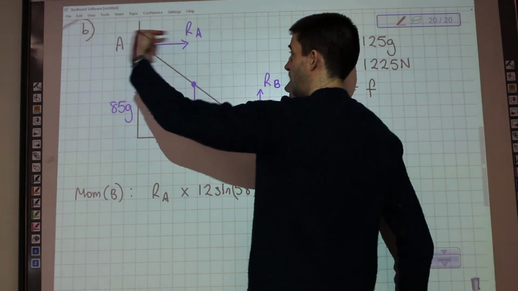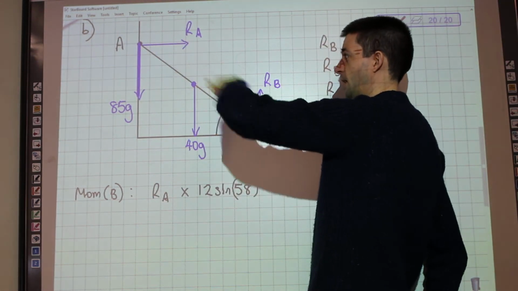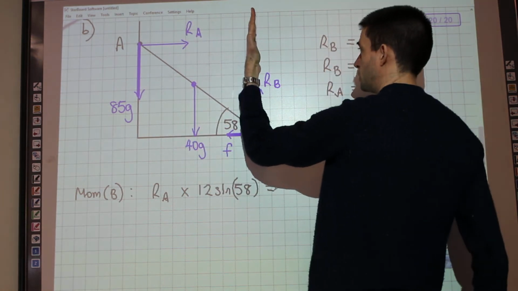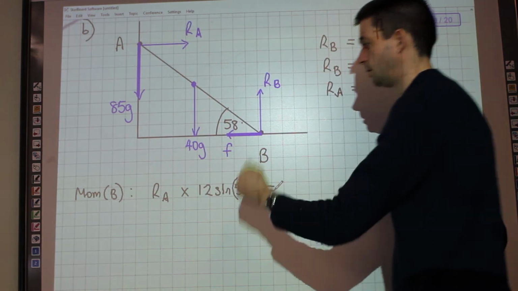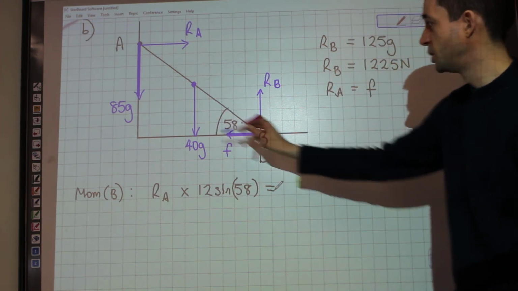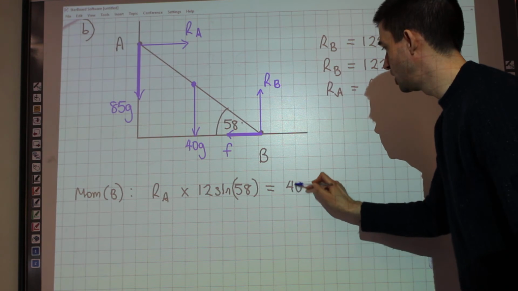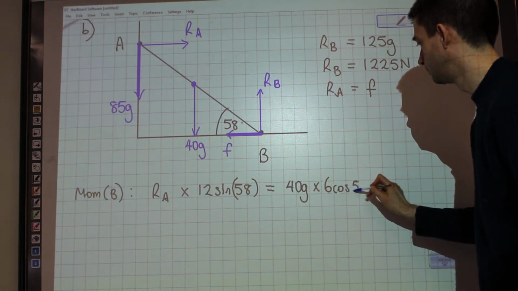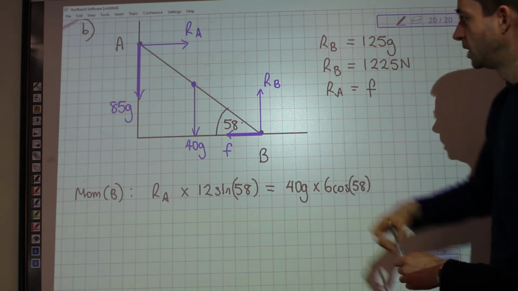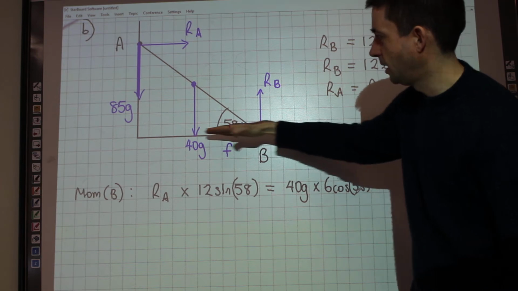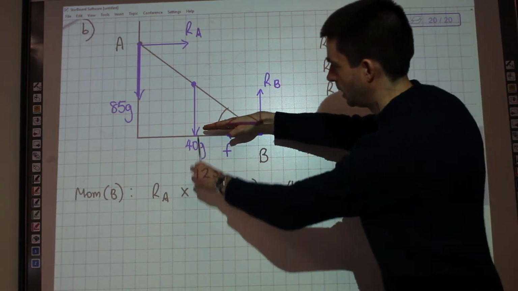Because it's still reaction at A, that's still 12, it's the length of the ladder, that's still the opposite side, line of action of the force, pivot, that's still the same. The other thing that hasn't changed is the 40G. So 40G is still times by 6 cos 58, because the hypotenuse is still 6, and we're still after this length here, which is perpendicular to the line of action of the force.